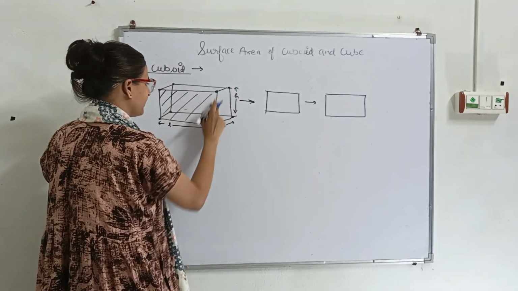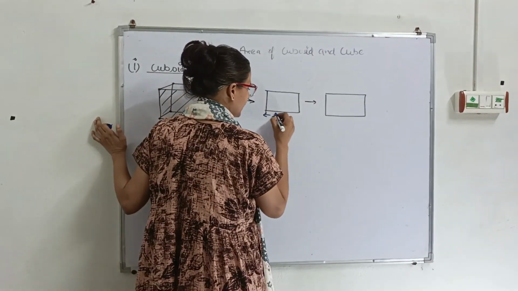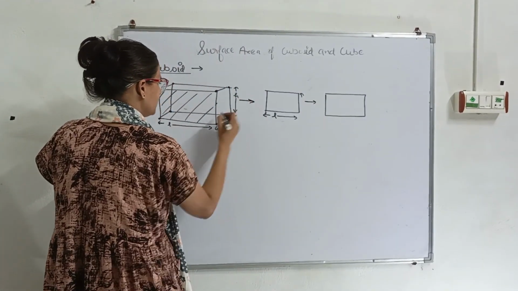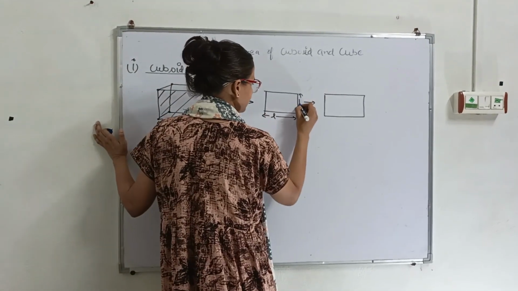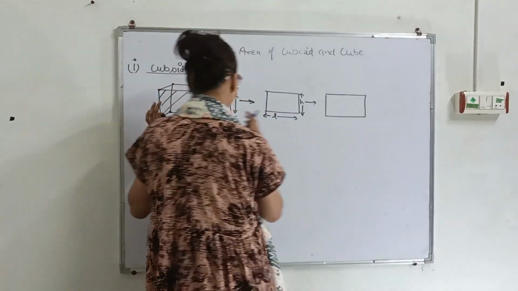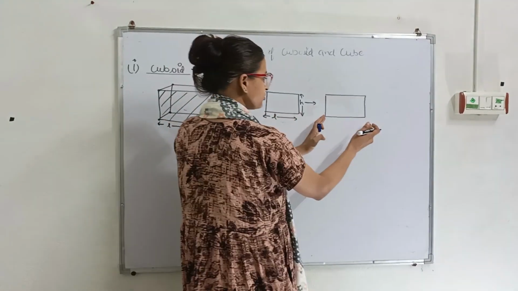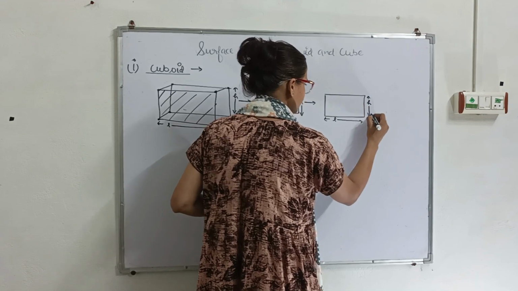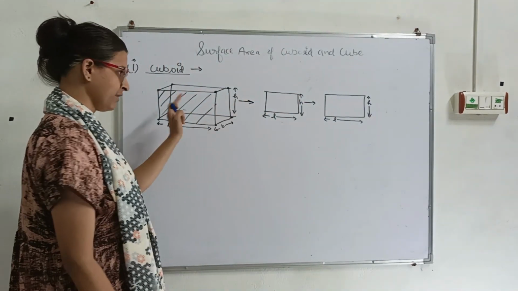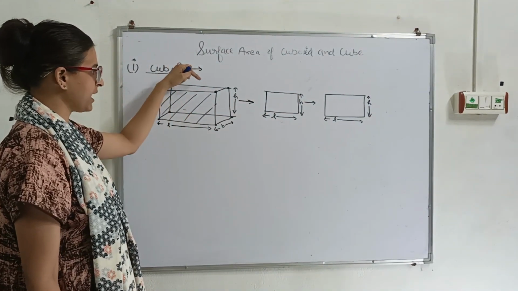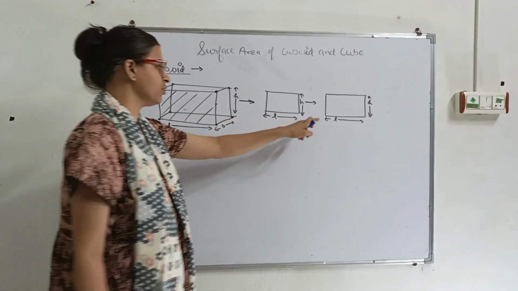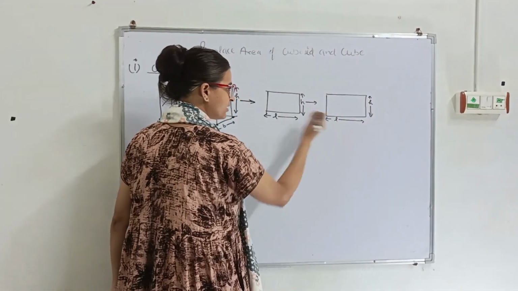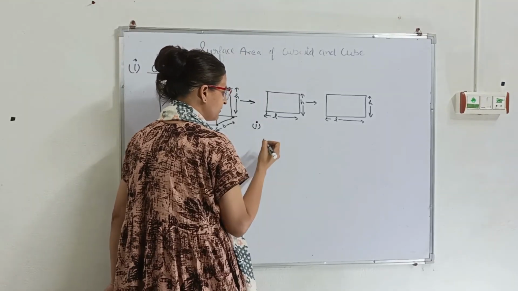This is the front face, with length and height. Behind it is also the same, with this length and this height. We are discussing the front and the behind face. First we find the area of both faces. Because they are similar, we can find only one.